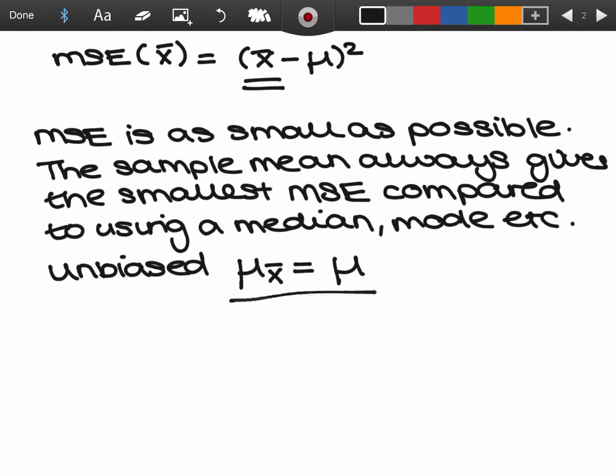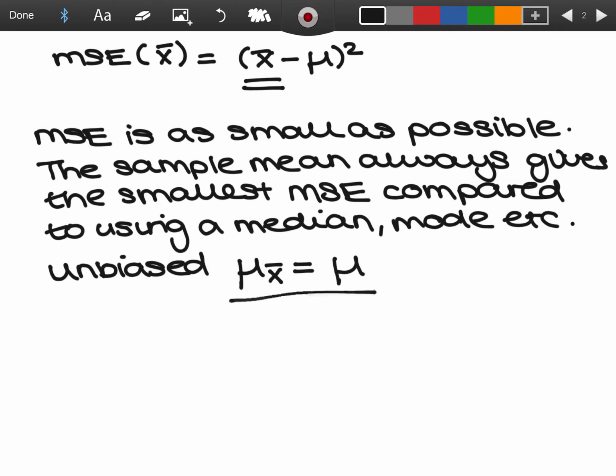One of those where it isn't a great estimate is when you are trying to estimate the population range. Using a sample and taking its range to estimate the population range normally isn't a very good estimator.